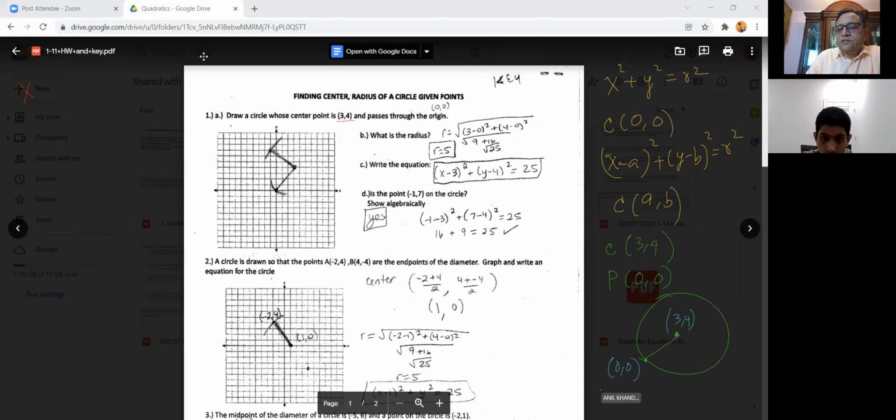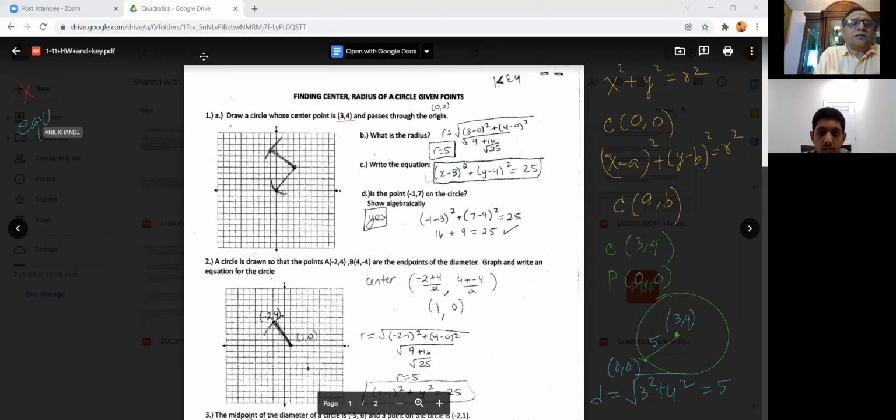You can use the distance formula, right? And you get the square root of 3 square plus 4 square using the Pythagorean theorem, and the answer is 5. So this distance is 5. Clear? Yeah. And therefore, the distance formula which you have written here is perfectly fine. That's the formula to be written. And now we can get the equation of the circle, right?